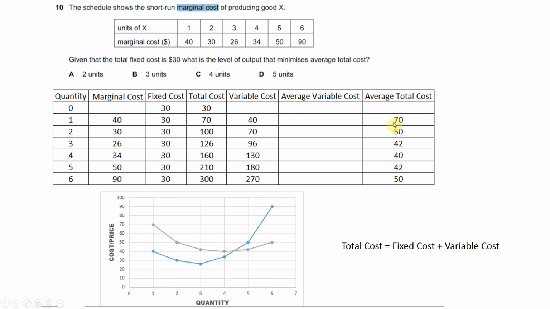So at this total cost of 70, I divide it by the quantity 1, and I get an average total cost of 70. I have a total cost here of 100. I divide the 100 by the quantity there, and that's 2. So this average total cost at each quantity is basically the total cost divided by the quantity at that specific level. And we get these average total costs, and that equals here.